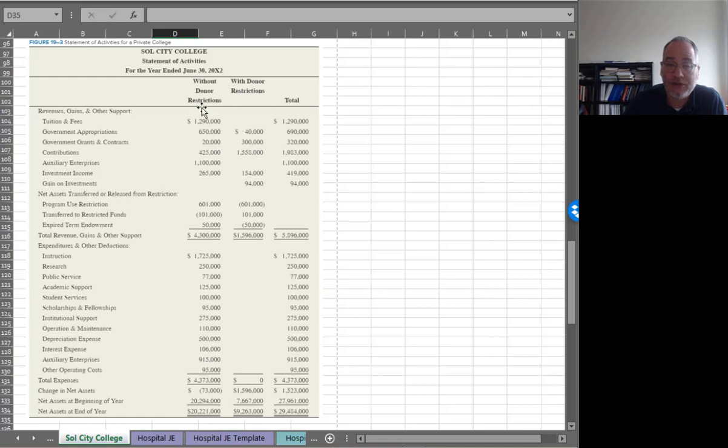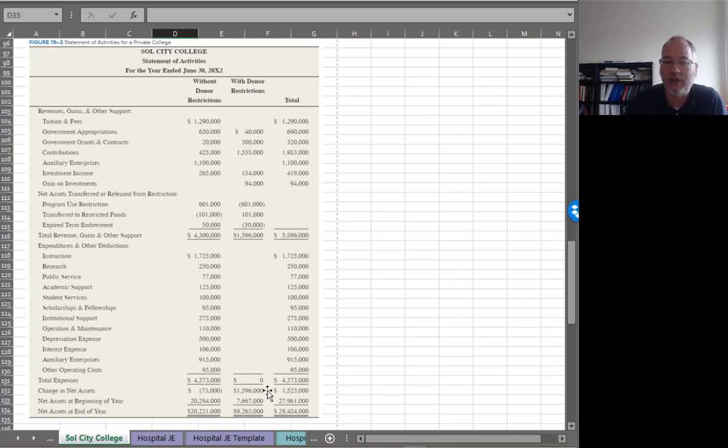It tells you that without donor restrictions, we had a $73,000 negative reduction in net assets, which is commonly referred to as a deficit. And with donor restrictions, you had what would commonly be called a surplus of $1,596,000.